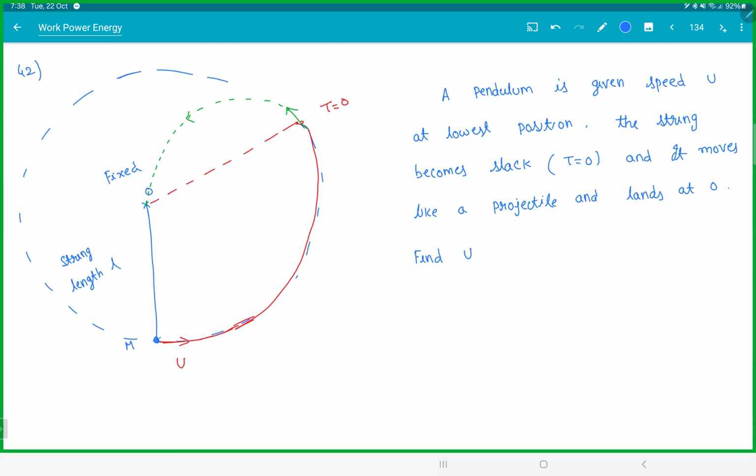Assume initially velocity is u, and from there try to find the range. Can you see this thing? This looks like a projectile on an incline, where the range is L. Or you can use a regular projectile also, but I think incline would be faster.